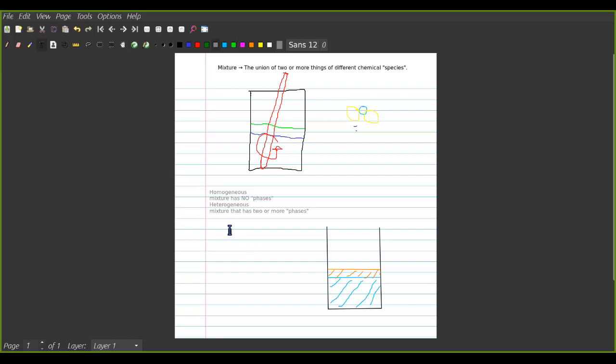A homogeneous mixture would be water and vinegar, or water and sugar, water and salt.